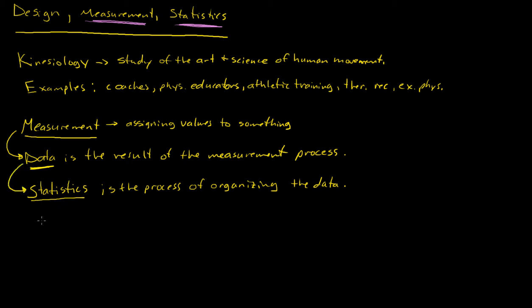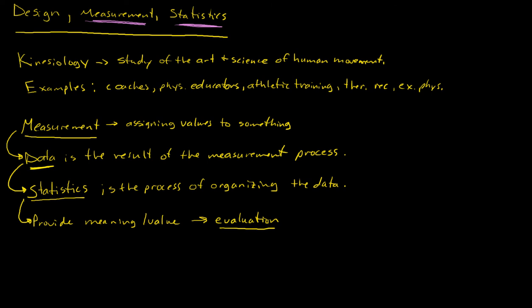And then the last piece is that from these statistics you want to provide meaning, or look at the value, and that process is the evaluation component that happens at the end of this chain of events.